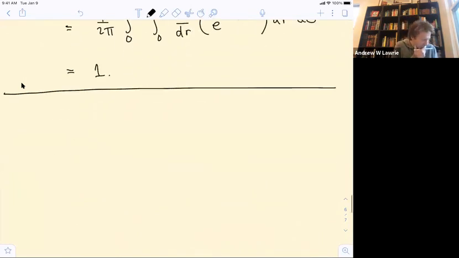All right. Okay, and then the next lemma, lemma 3, is using this lemma.